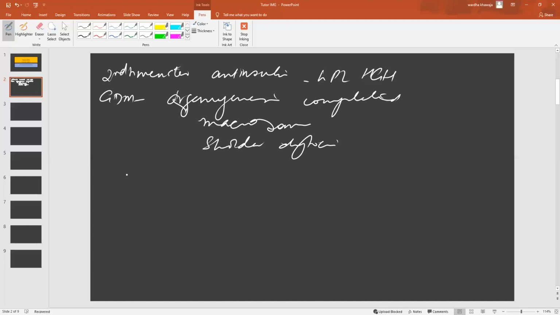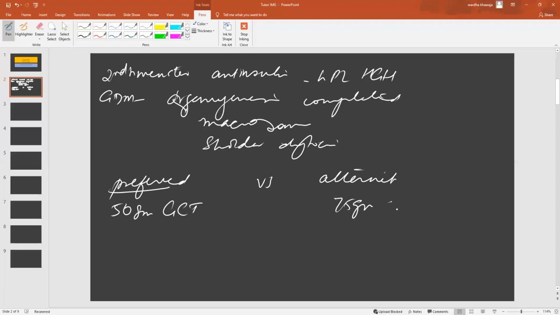However, the way we assess for gestational diabetes can be done by two methods. There is what we call the preferred approach versus the alternate approach. Now, the preferred approach is called the 50-gram glucose challenge test, whilst the alternative approach is a 75-gram oral glucose tolerance test.